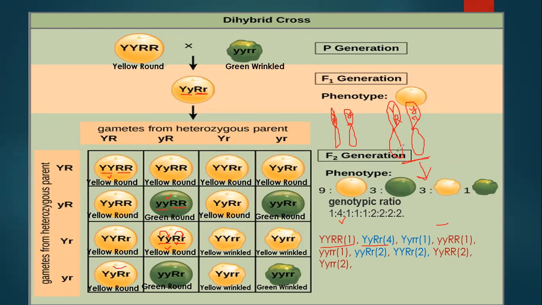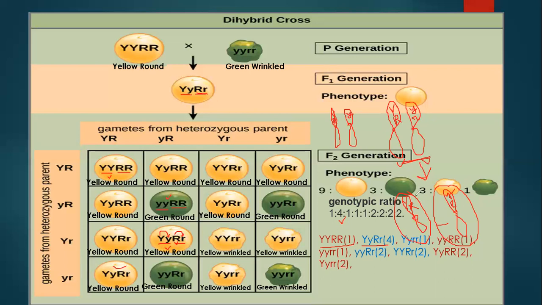These two paired chromosomes will separate, and they will separate into different gametic cells, because each gamete has to receive only one of the alleles of a trait. So this will have capital Y, and for the second trait the gene capital R, and this has small y and small r.